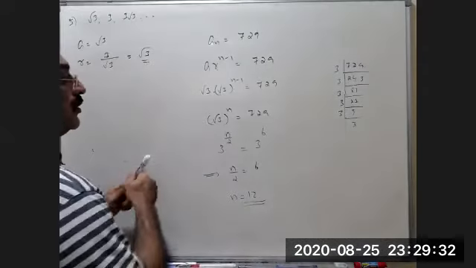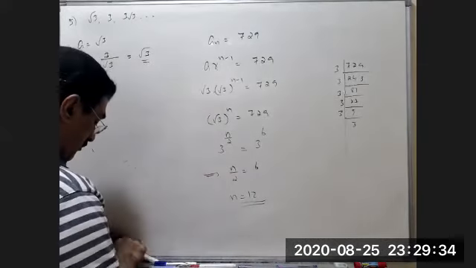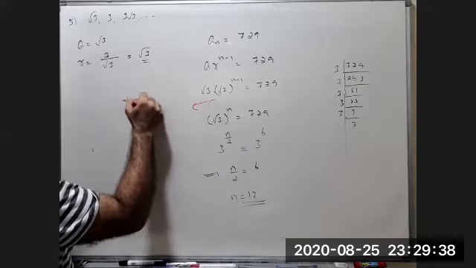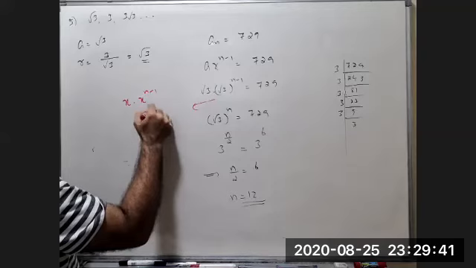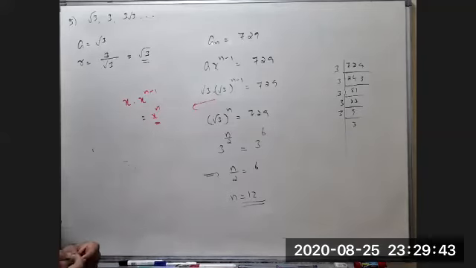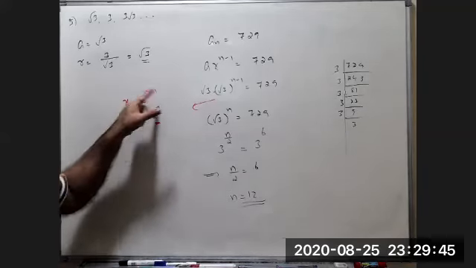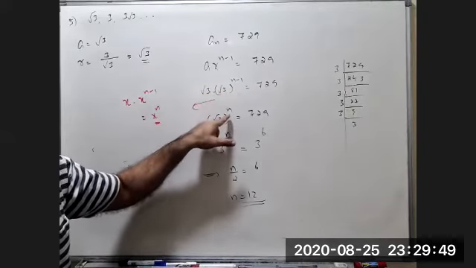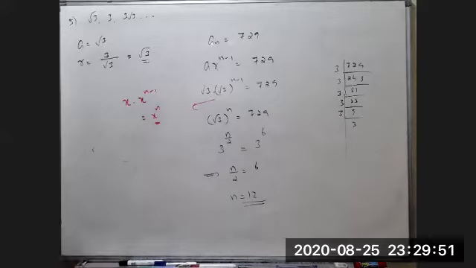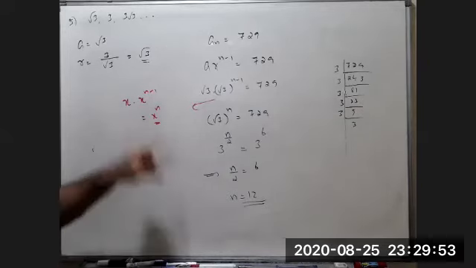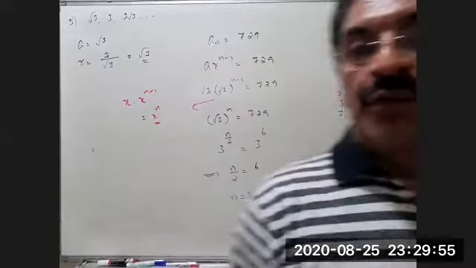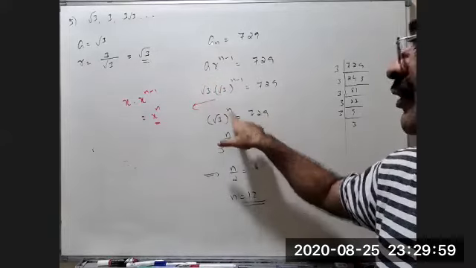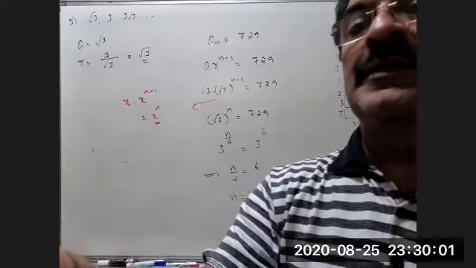That's a good question. This will be x raised to n only. Why? 1 plus n minus 1. So root 3 into root 3 raised to n minus 1, if I multiply, will be root 3 raised to n. I hope you got it. X into x raised to n minus 1 means 1 plus n minus 1, so it is n. Anything else?